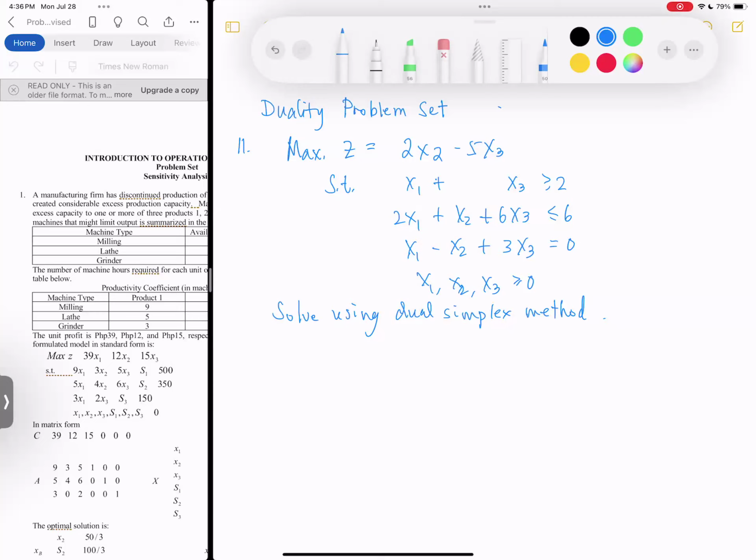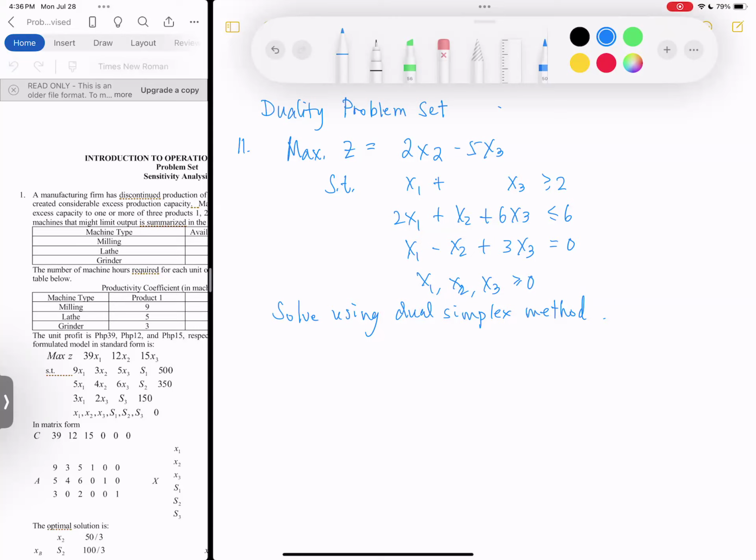augmented dual simplex method. Now, in the exam, the problem will not directly tell you to solve a problem using dual simplex or augmented dual simplex. It will just say to solve the problem using dual simplex method, just like the problem you see on the screen right now.